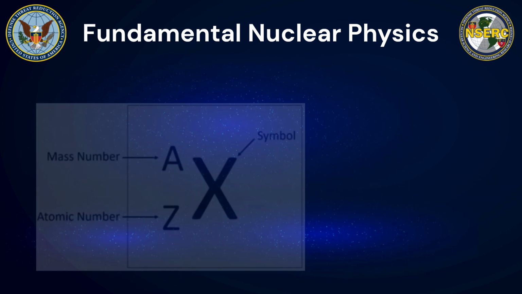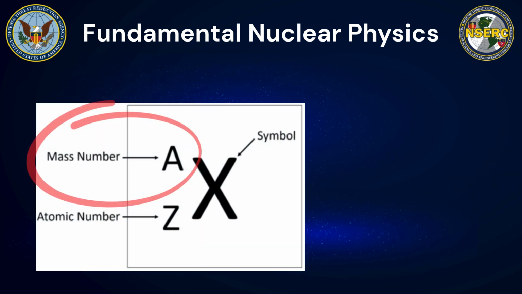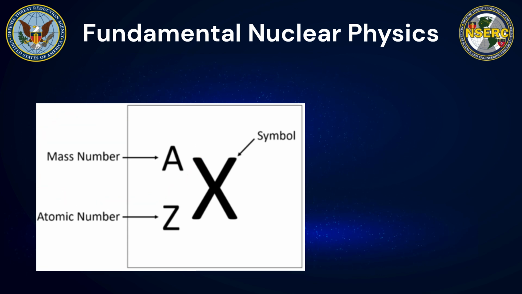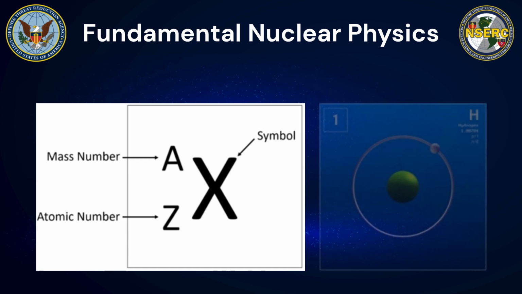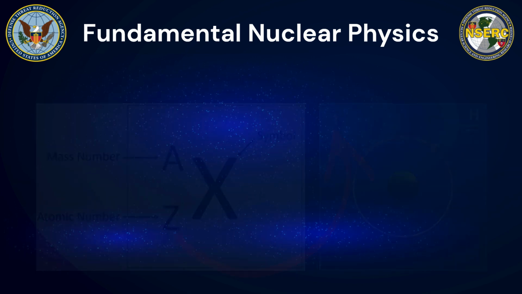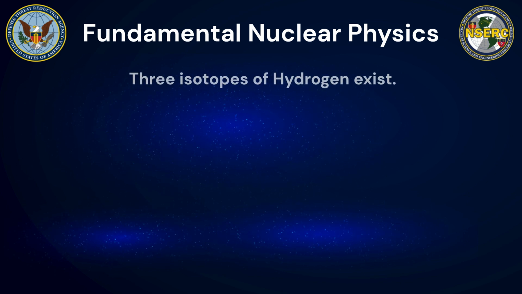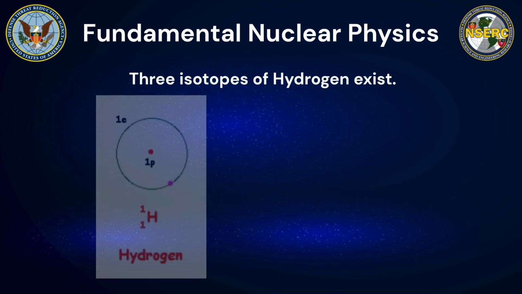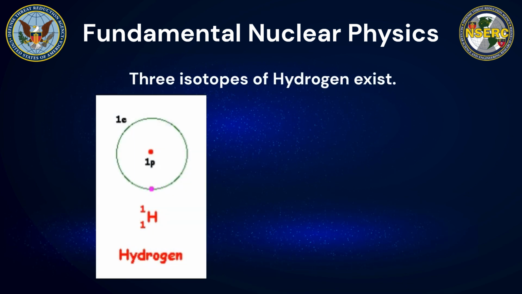Returning to the atomic mass number, or A number, this is also known as the isotope number of an atom, and each element may exist in several isotopic forms. For example, all hydrogen atoms contain only one proton, so the Z number for all hydrogen atoms is 1. However, a total of 3 isotopes of hydrogen actually exist. Specifically, elemental hydrogen atoms, H1, contain no neutrons, so these nuclei have a Z and an A number of just 1.